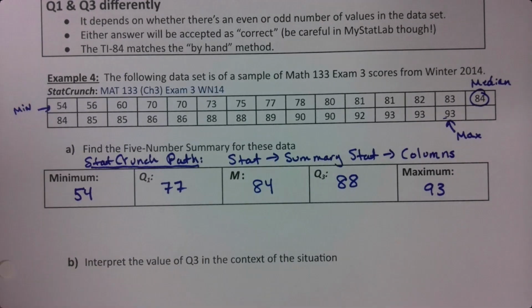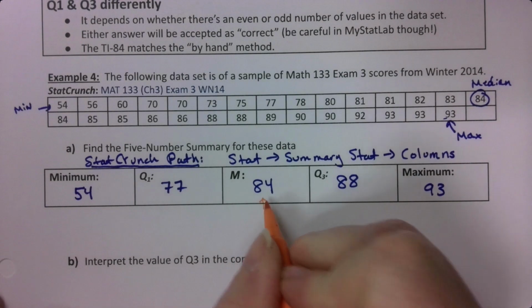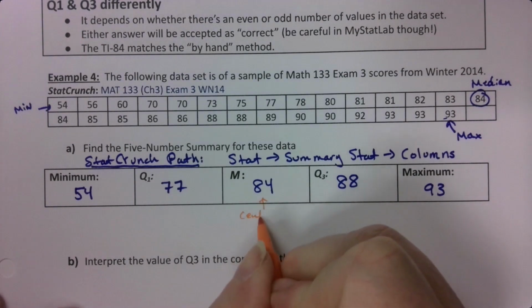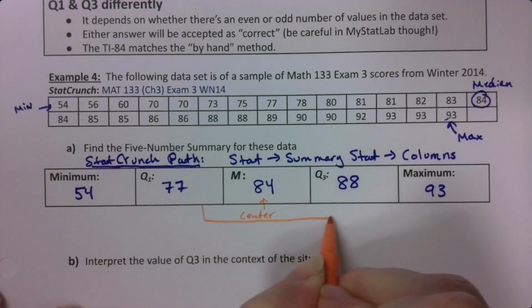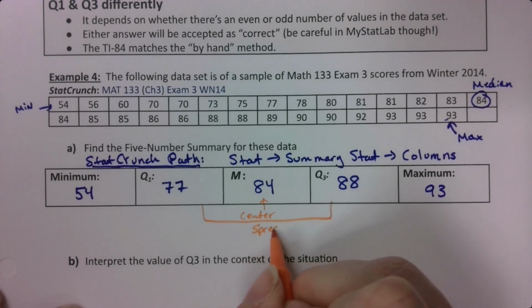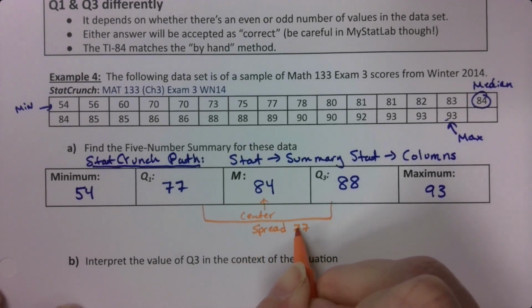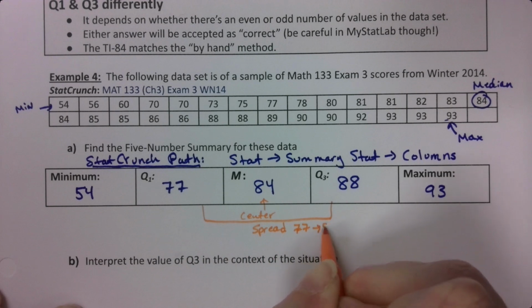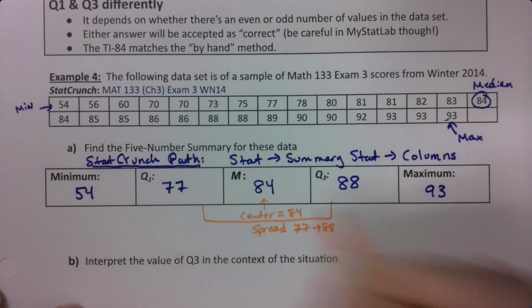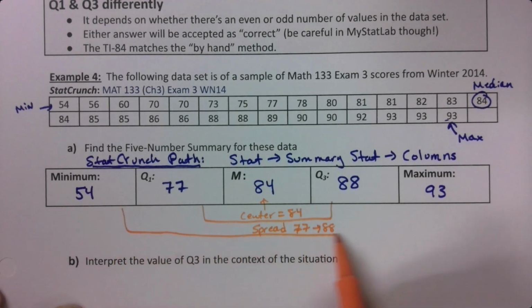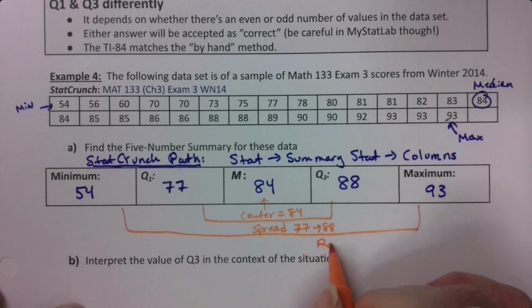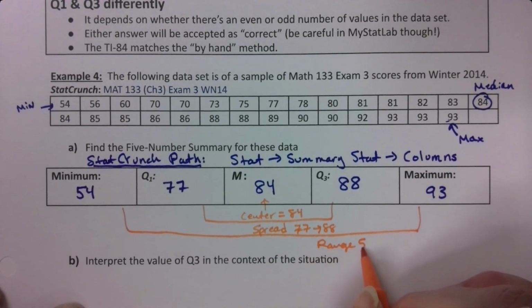There we have it. So this is the average right there. So that's the center. And then from here to here is the spread, right? From 77 to 88. Most students score there. Center is 84. And then that's the range from 54 to 93.